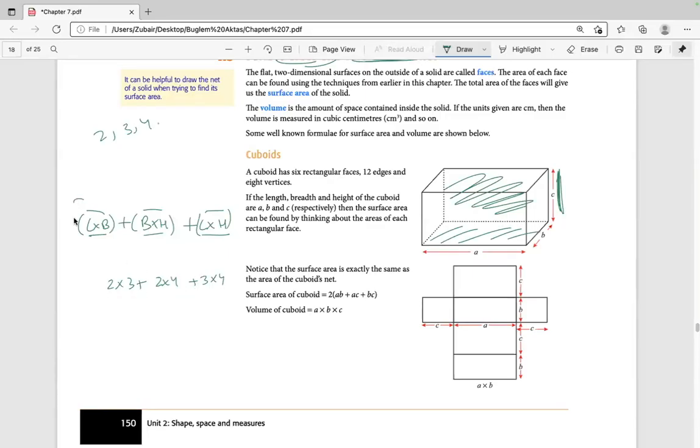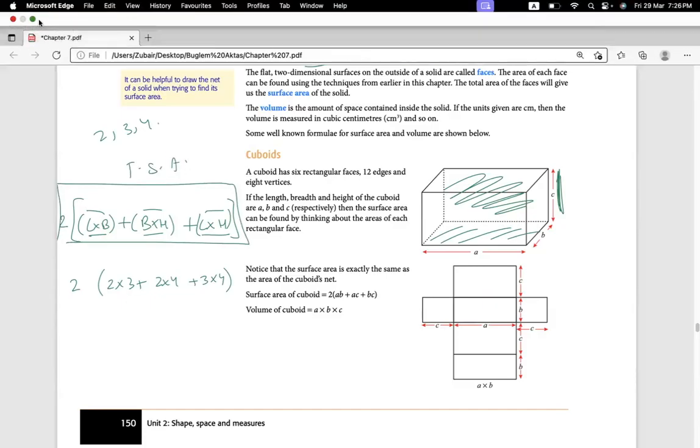I'm done with 3 sides into 2 gives me 6 sides. So these 3 sides into 2. This is the formula for the cuboid's total surface area.